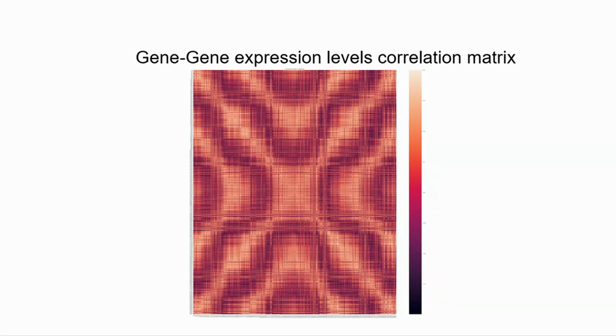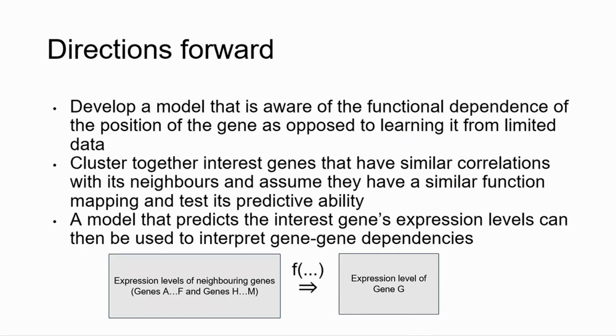So we were thinking maybe those genes that have similar correlation with their neighbors could have a similar functional mapping, which would mean we could cluster these interest genes and then try to train a sophisticated model, which would mean we have a lot more data and the intricacies could be learned. So these are two takeaways from our initial experimentation.